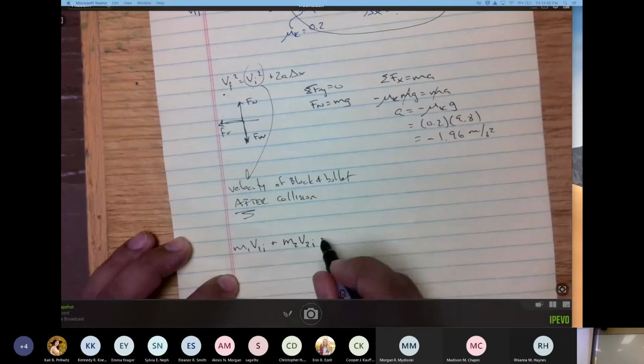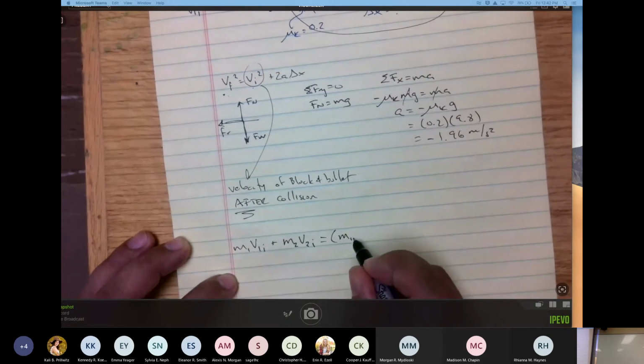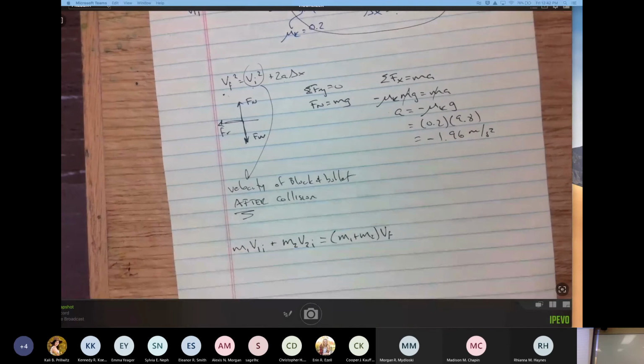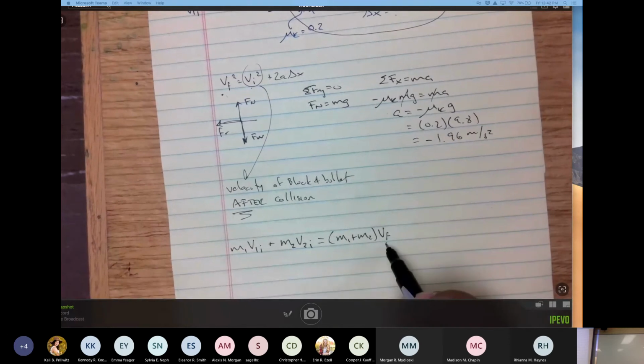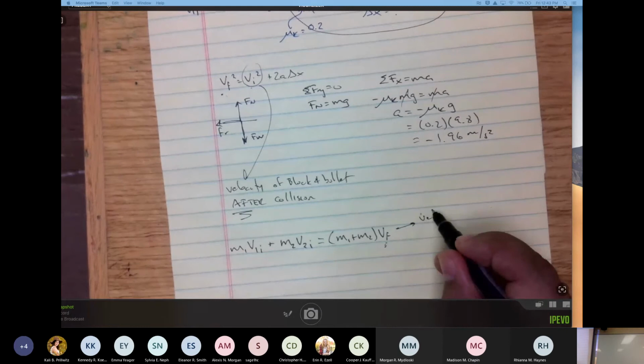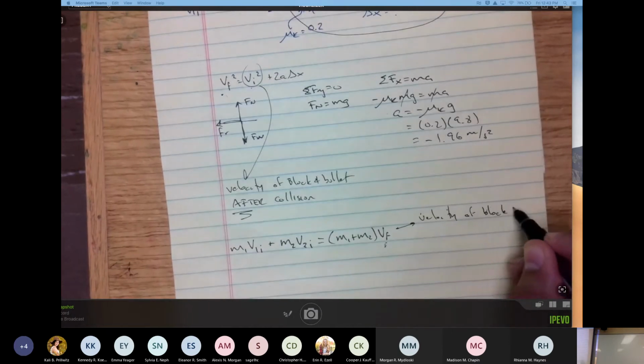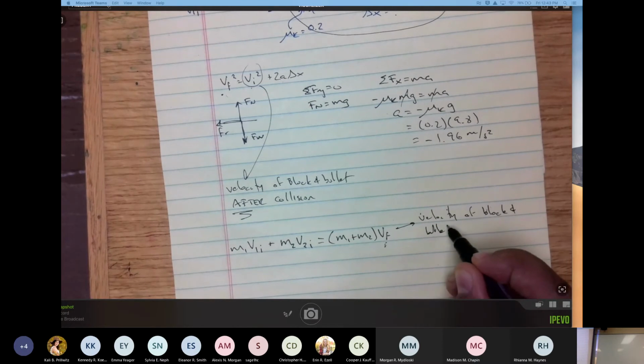So I'm going to have the two masses moving at the same velocity. This final velocity is the velocity of the block and the bullet after the collision.